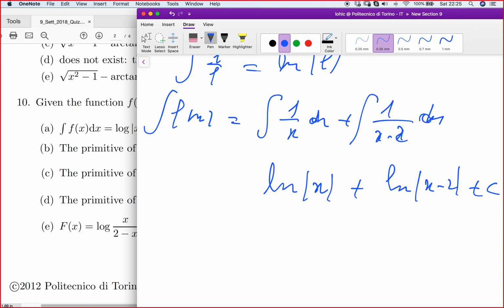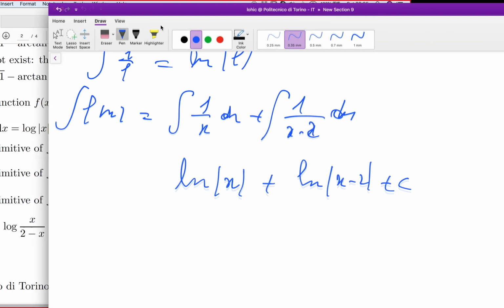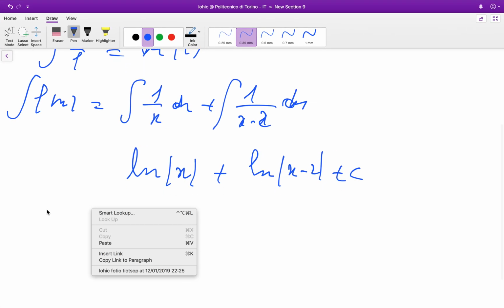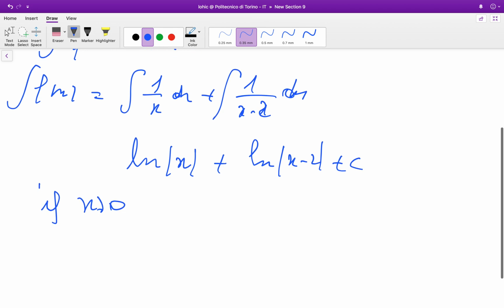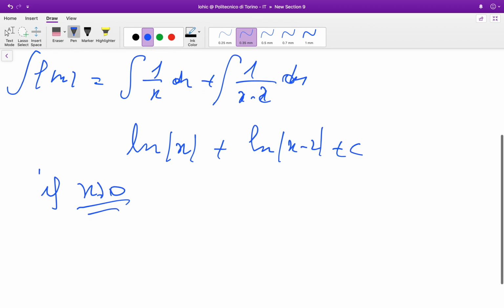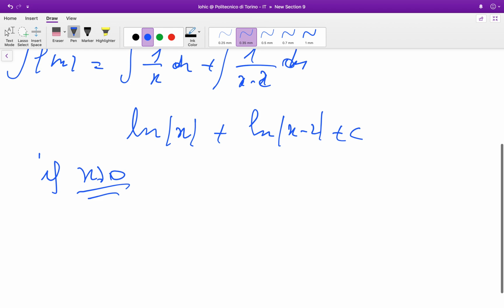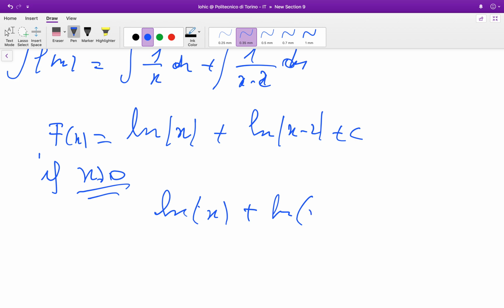Okay, so just to make sure that this is very clear, look, if we take any x greater than 0, so let's say that these are all the primitives. If we take x greater than 0, we can cancel the absolute value, so it will become the logarithm of x plus the logarithm of x minus 2.